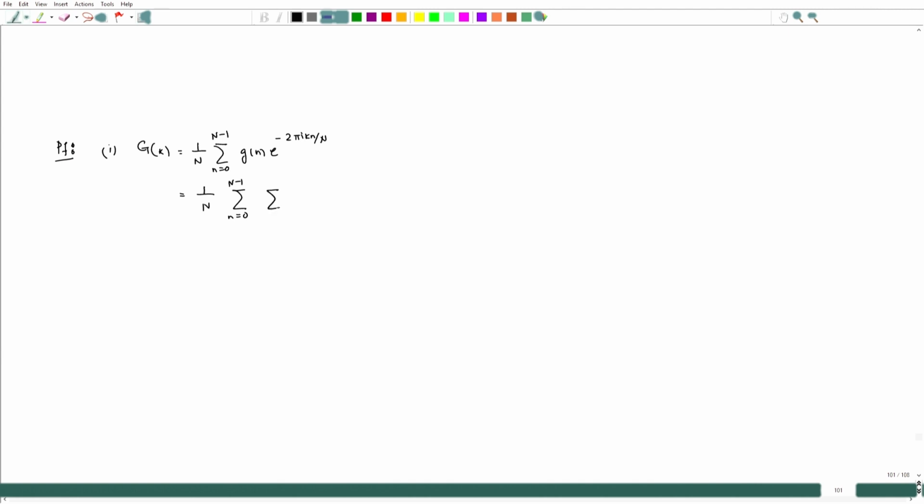If I put in the value, this is the sum over L equal to 0 to m minus 1 of f of n minus Ln, that is the definition of g, times e to the power minus 2 pi i k n by n.